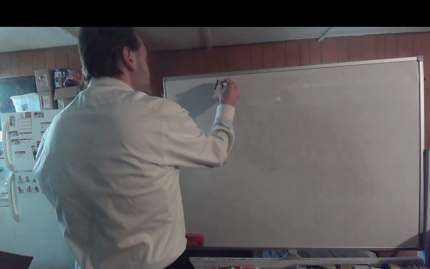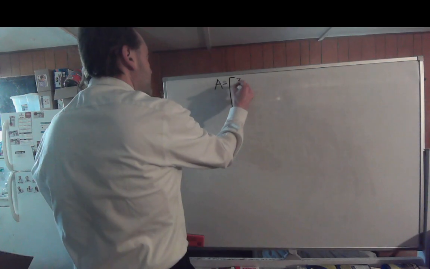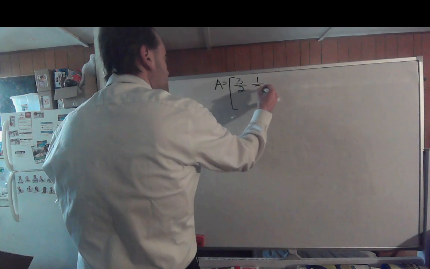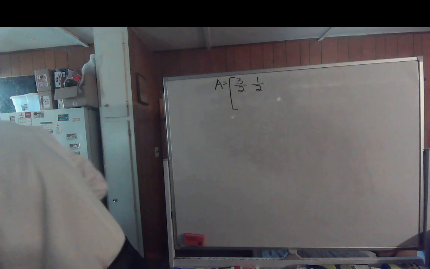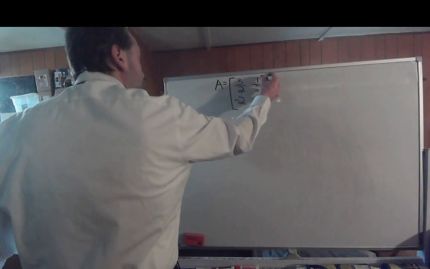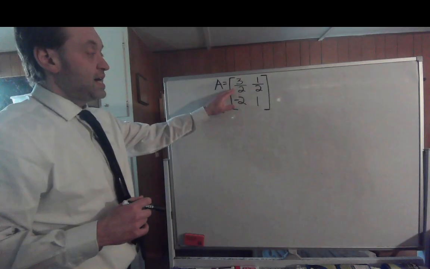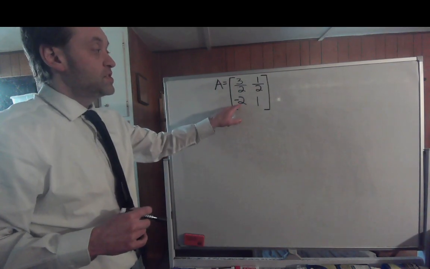This time, let's see, A has entries of 3/2, 1/2, -2, and 1. So A has entries of 3/2, 1/2, -2, and 1.